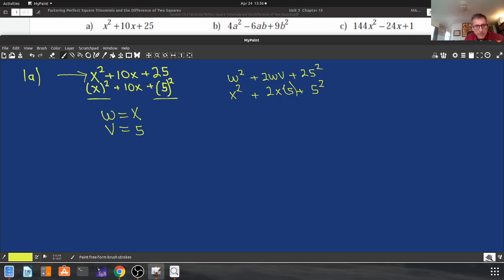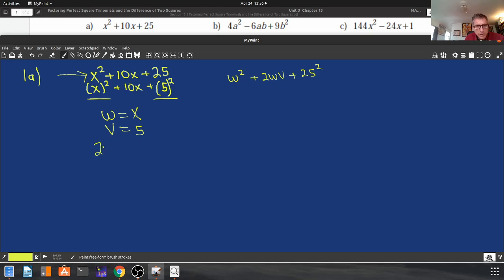In this case, W would be equal to x, and my 5 would be equal to my V. So the next thing I want to check is, okay, what is the value of my 2WV?